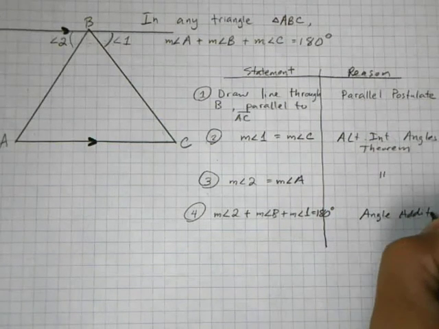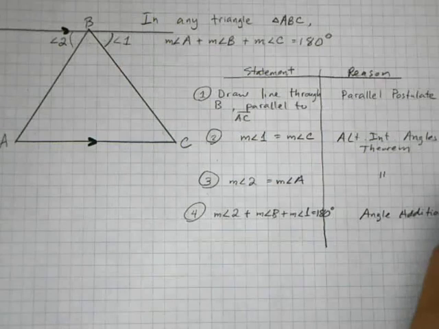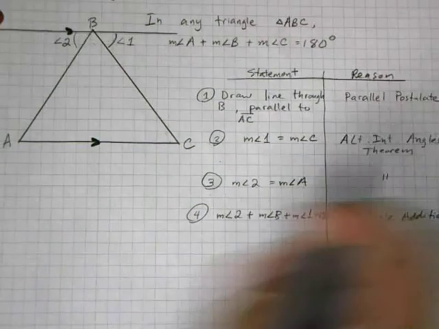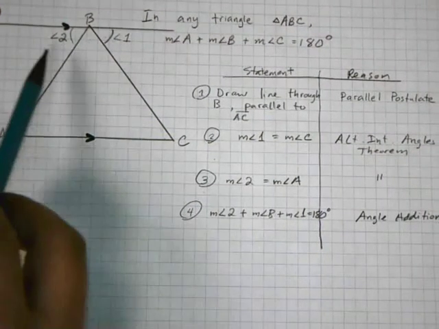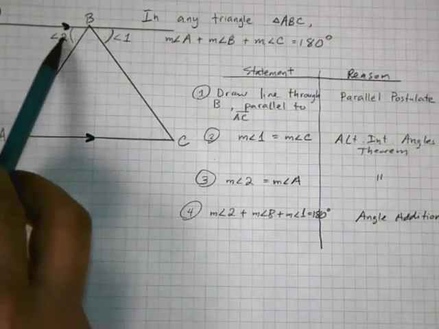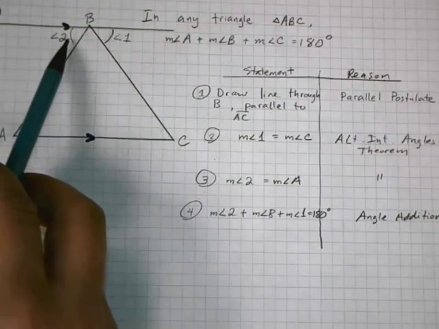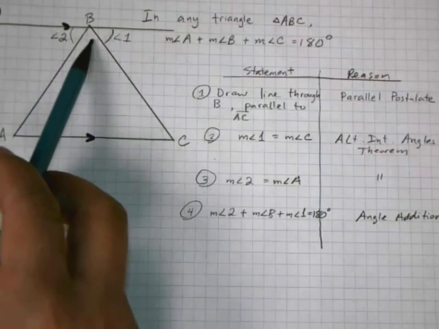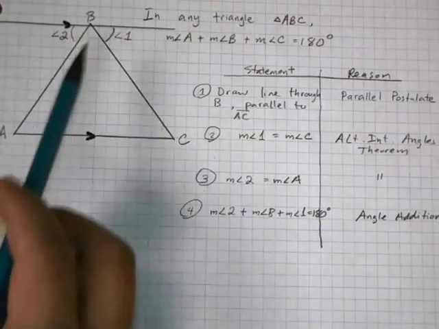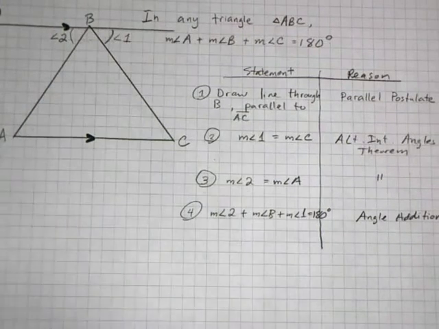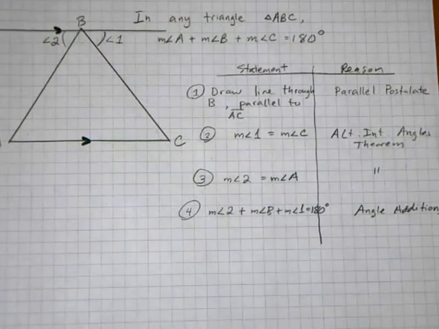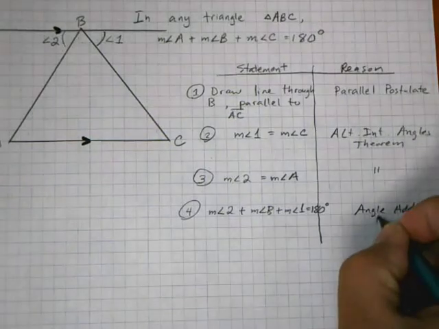I'm jumping a few steps in one here. To actually show this, I have to show that 2 plus B is a big angle that's a linear pair with 1. I actually have to write out a few more steps, but I'm going to write it all together in one here, in the interest of time. So this is the angle addition postulate.